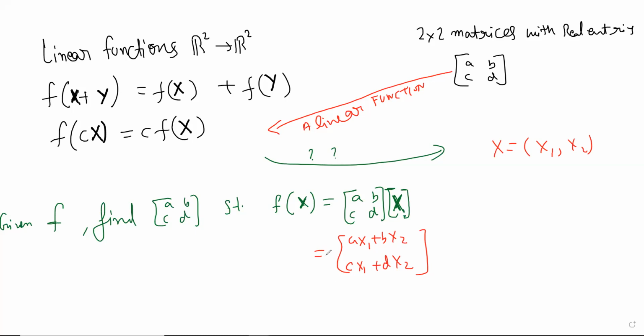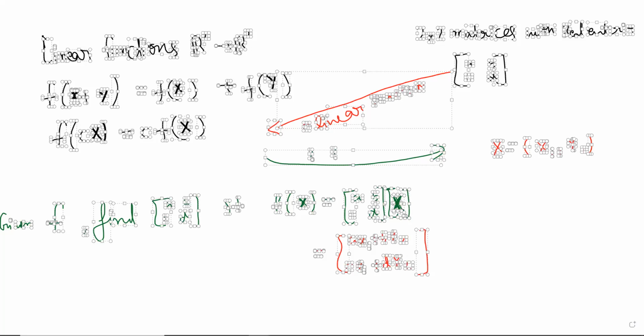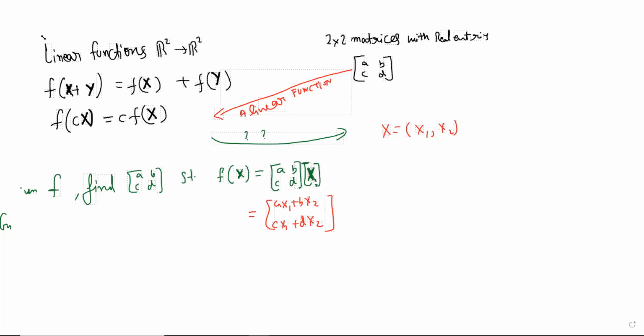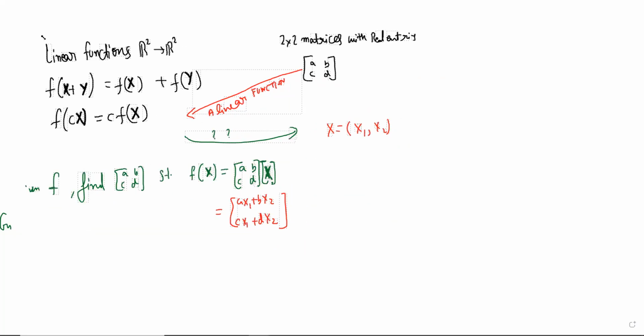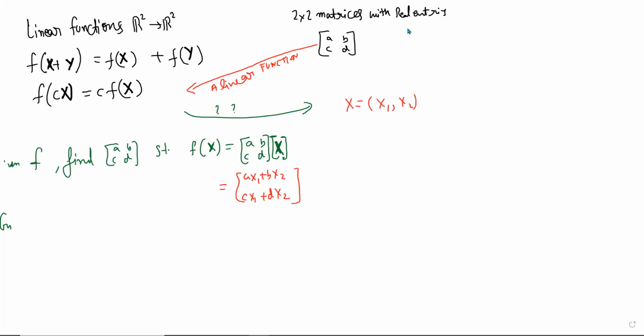But it's not clear. Maybe if we take a particular linear function, then we can understand that it will work, and then we can prove. This comparing thing will not help you prove that in general you can find ABCD like this.